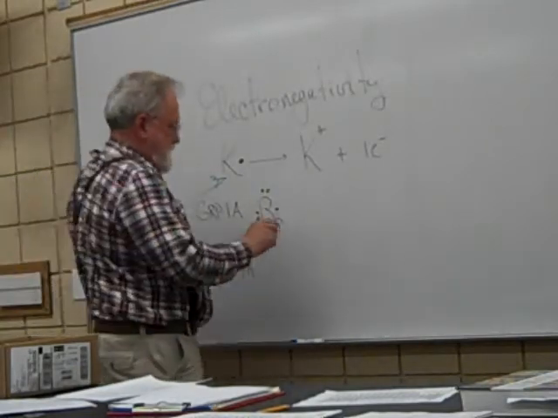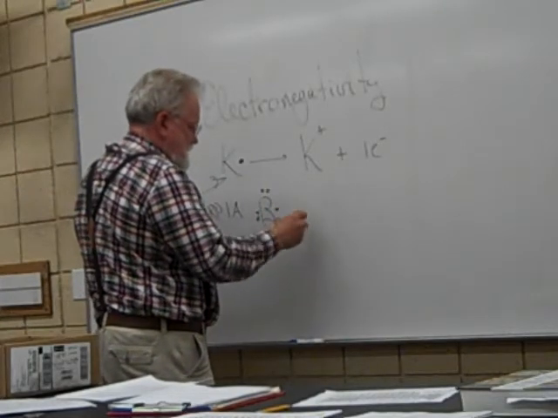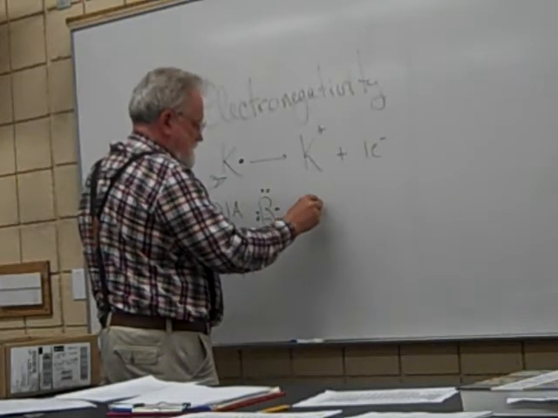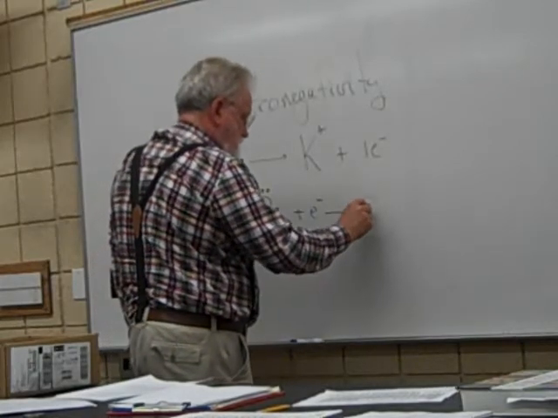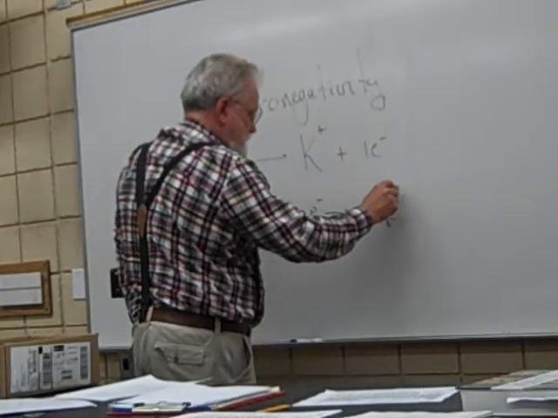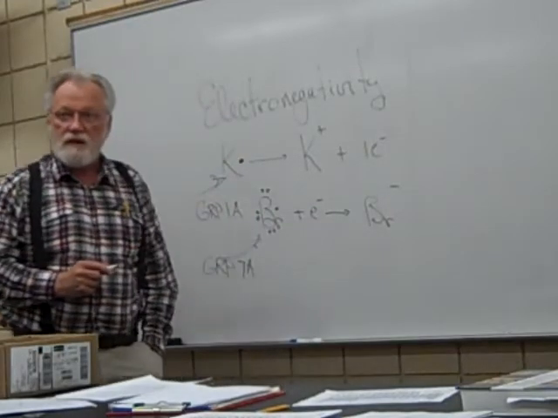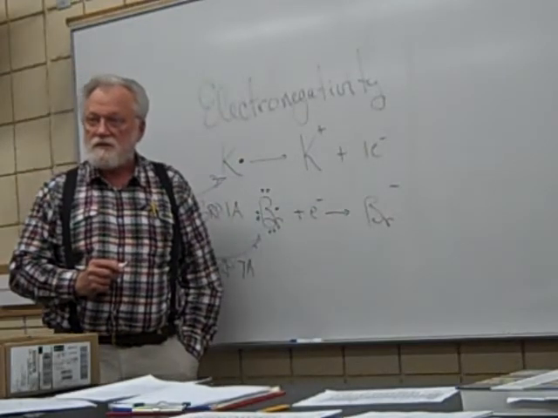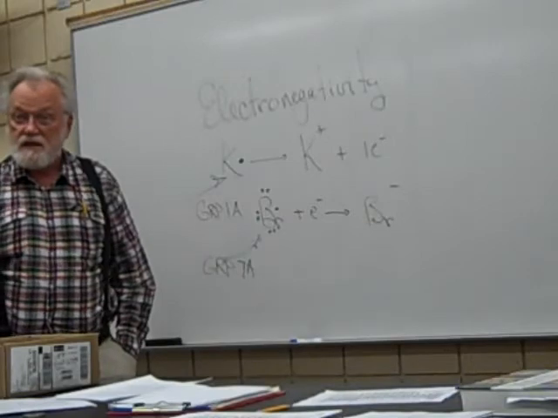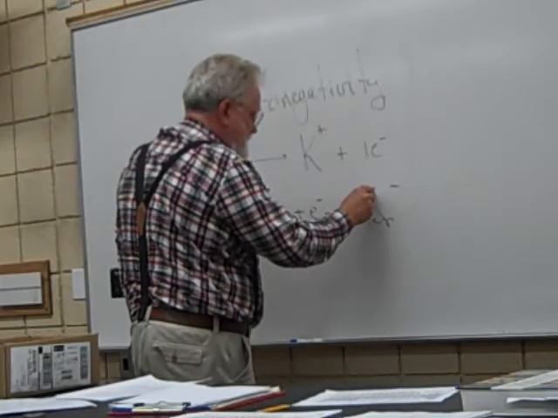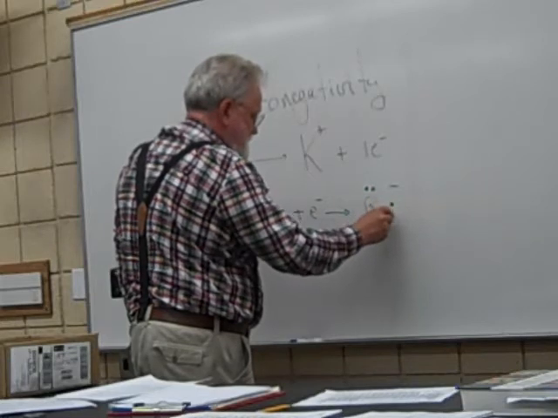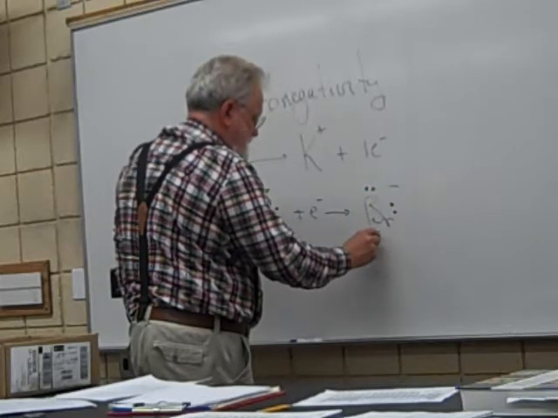And then this will readily take on an electron. In doing so, it produces bromine with a negative charge. It has 1 more electron than it does protons. Therefore, it has a net negative charge, and it has a stable octet of electrons, meaning 8 electrons.